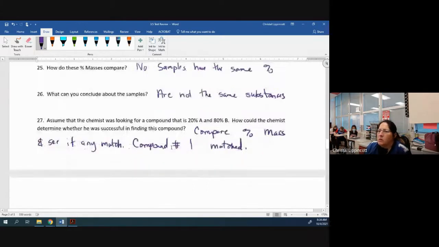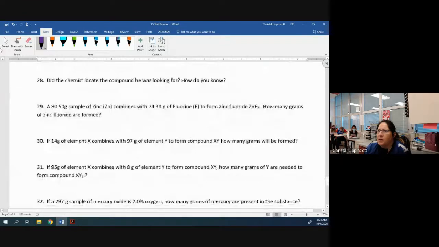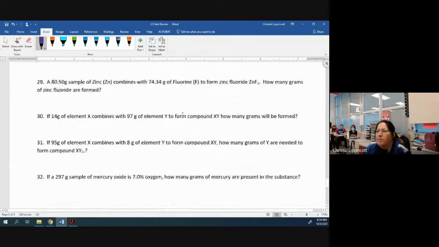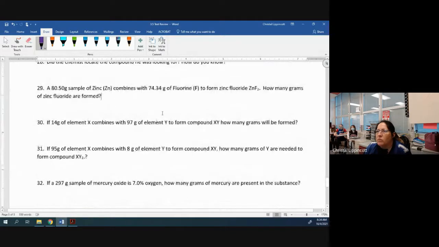All right, and then here's some more. So we did 28. He found it. We talked about that. All right, so the next one, we have this many grams of this, and we have this many grams of this, and we're forming this guy.